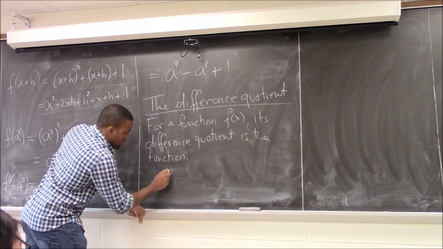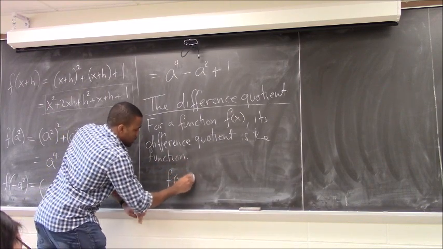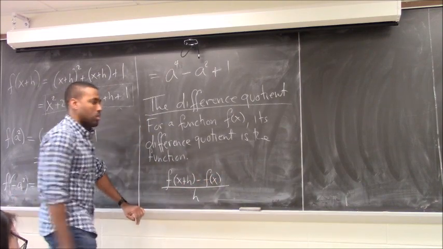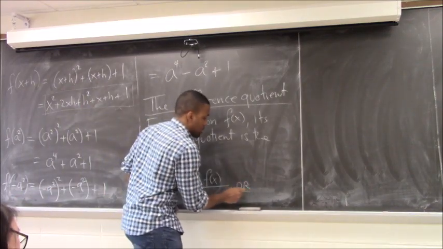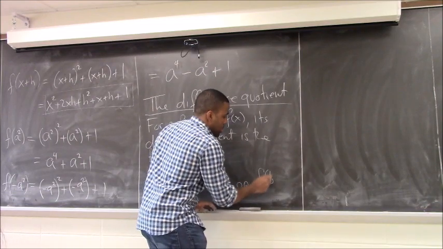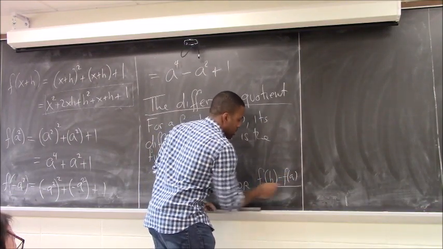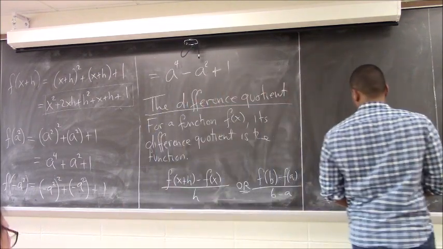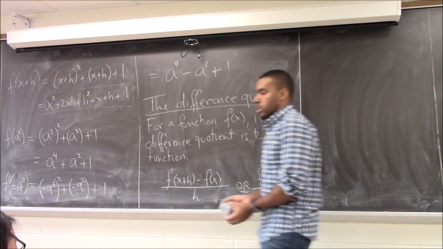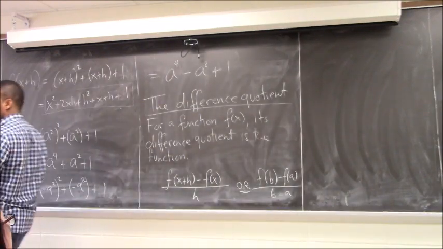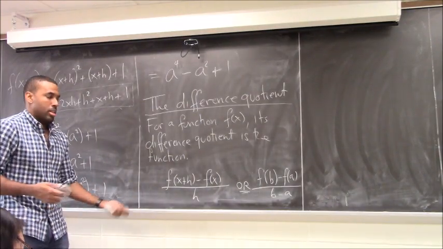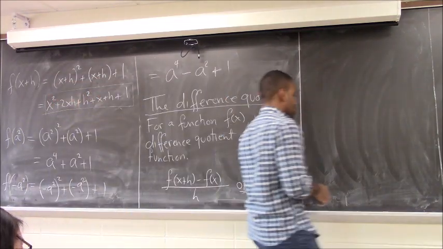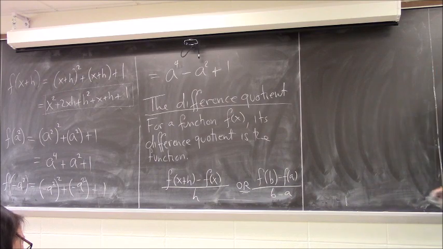There are two main ways to write this function: f of x plus h minus f of x, all over h, or f of b minus f of a over b minus a. Now I assumed you guys have seen things like this before. Some that they would have asked you in algebra class to calculate, and maybe also in pre-calc class, and they never told you why. We'll see why this expression is important in this class. All right, we'll talk about where it came from and why it's important.